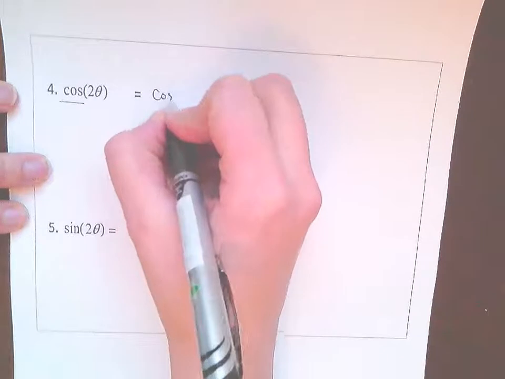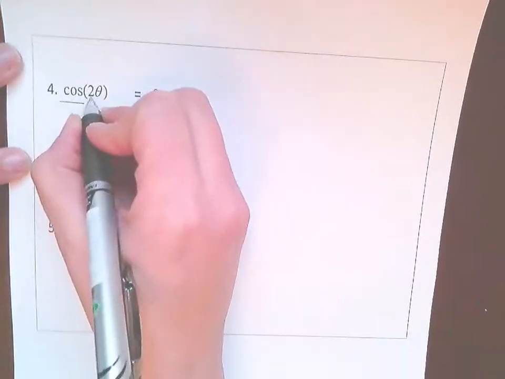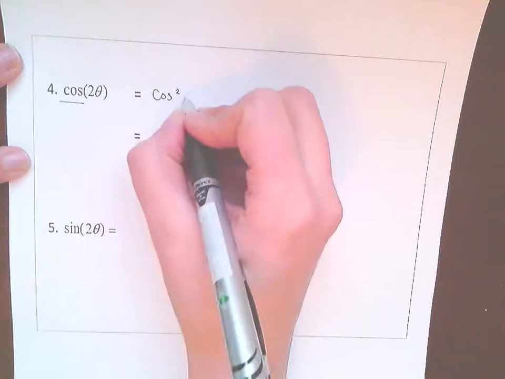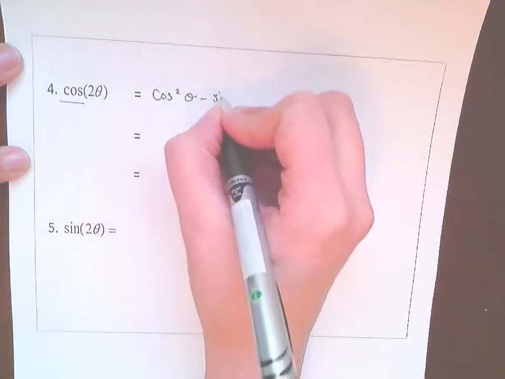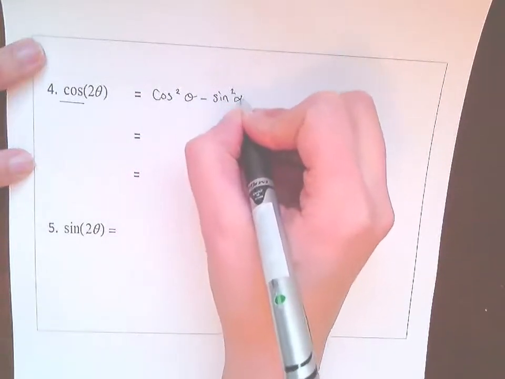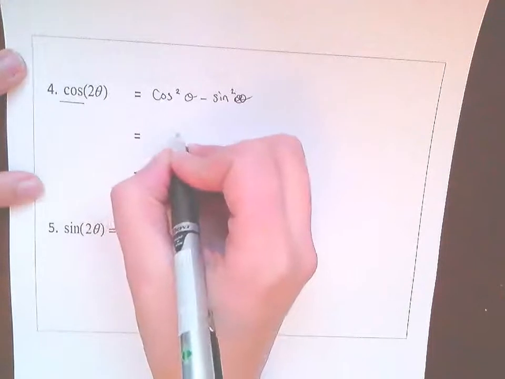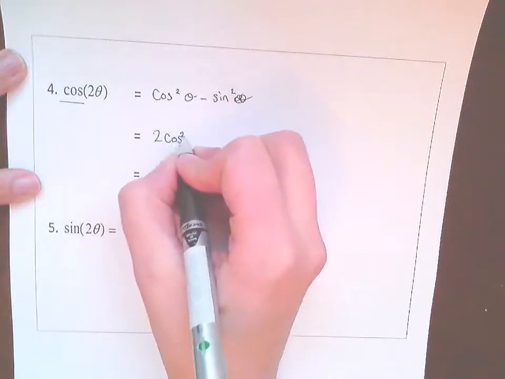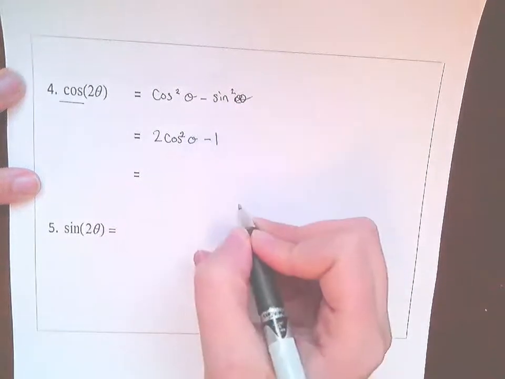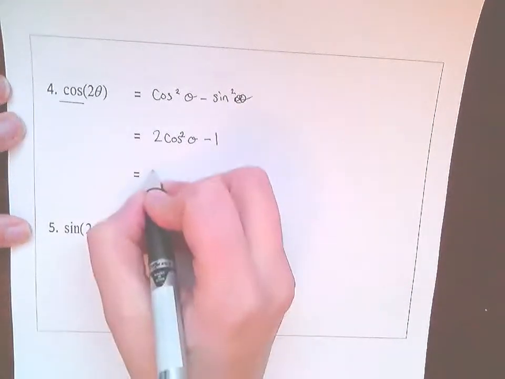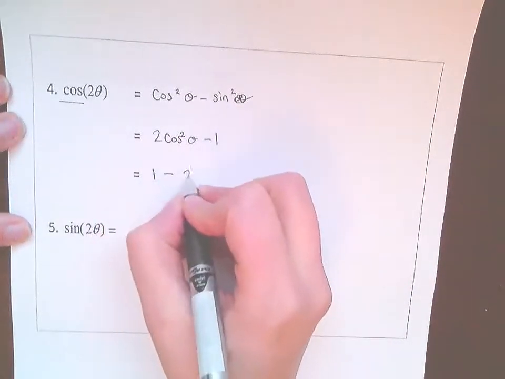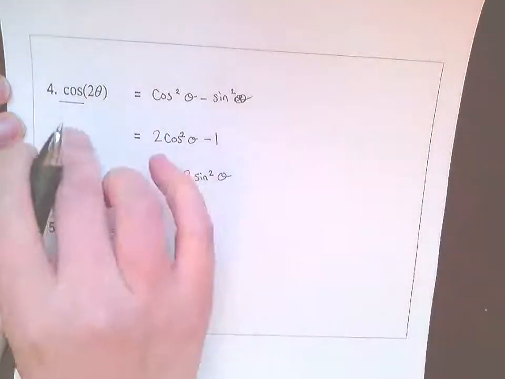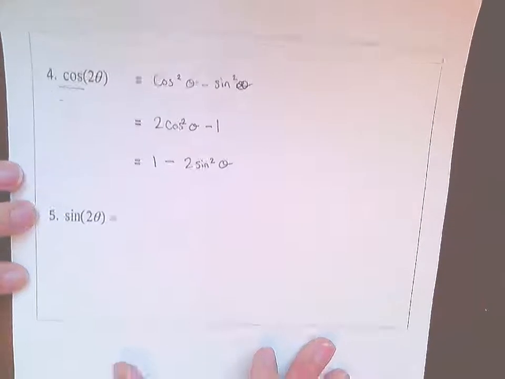So the first one is you can break up cosine of 2 times theta, so 2 times the angle, into cosine squared of theta minus sine squared of theta. Another way to break it up is to say 2 cosine squared theta minus 1, or 1 minus 2 sine squared theta. And we'll show the proofs of this in class.